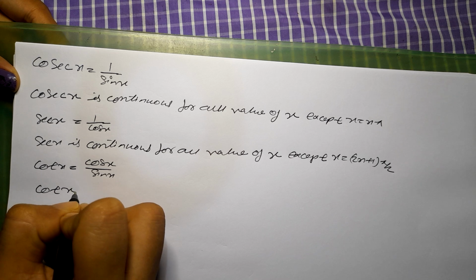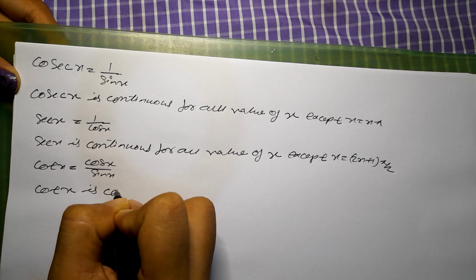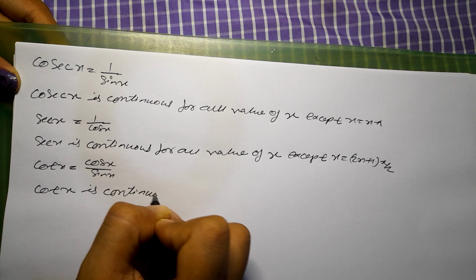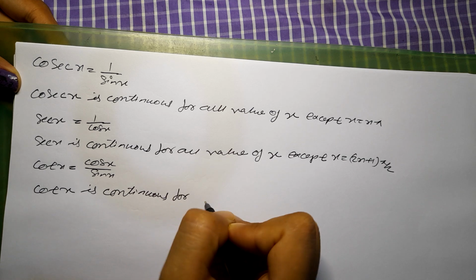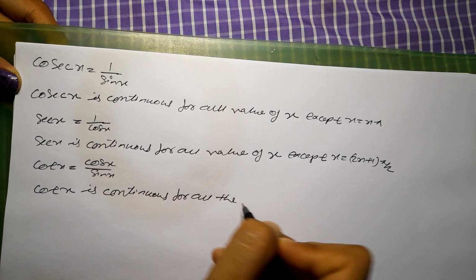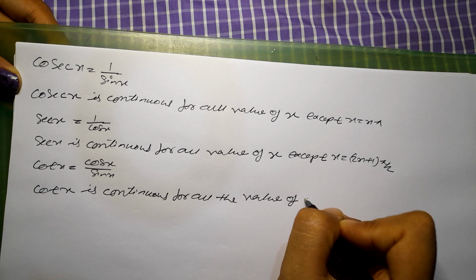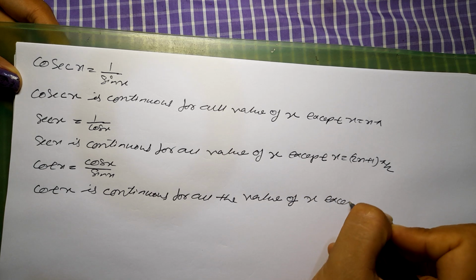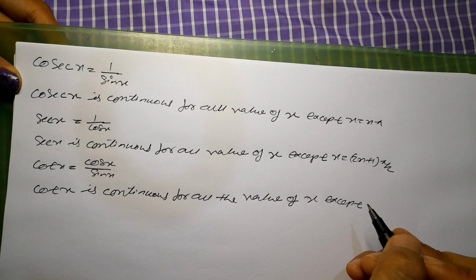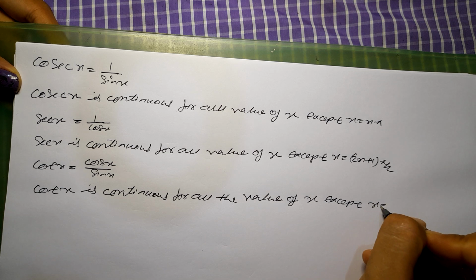Cot x is continuous for all values of x except where the sine will be 0, that is n pi, except x equal to n pi.